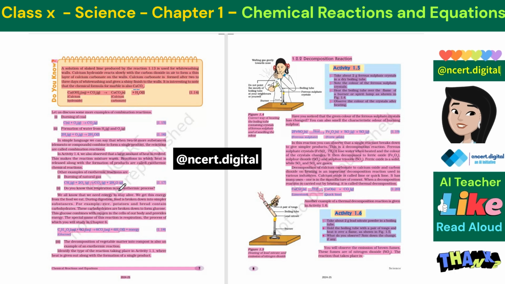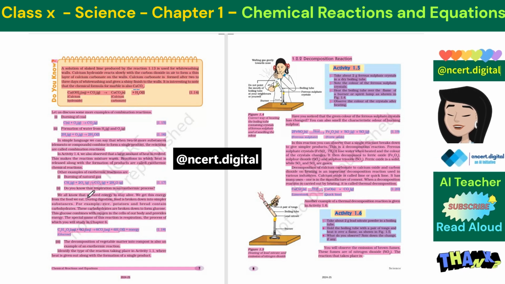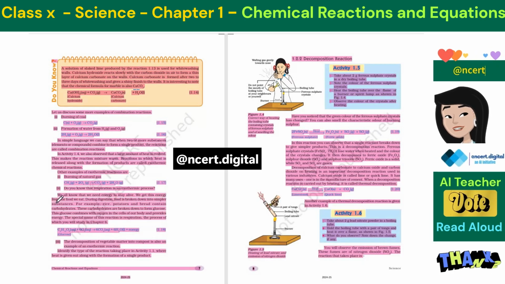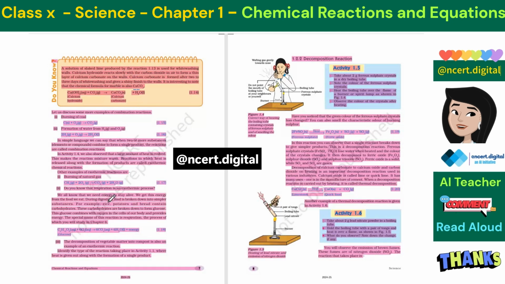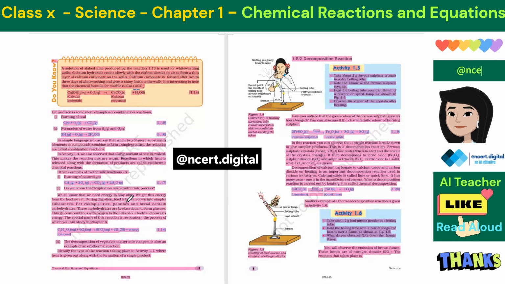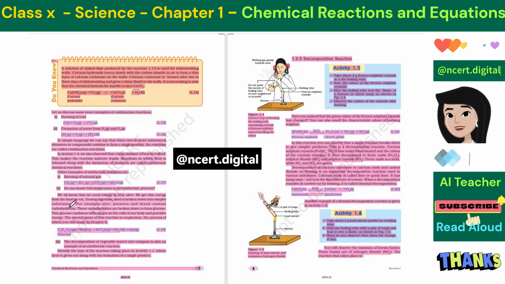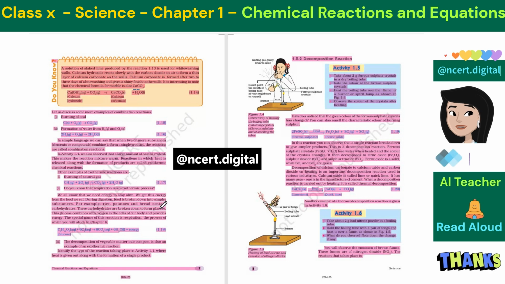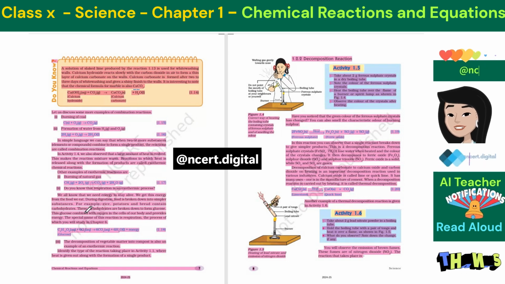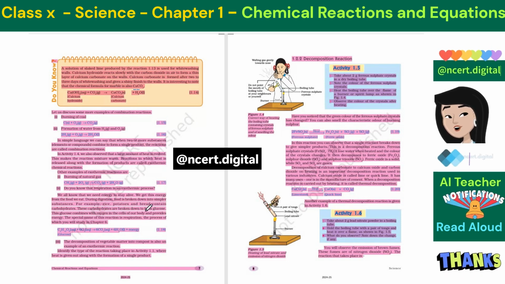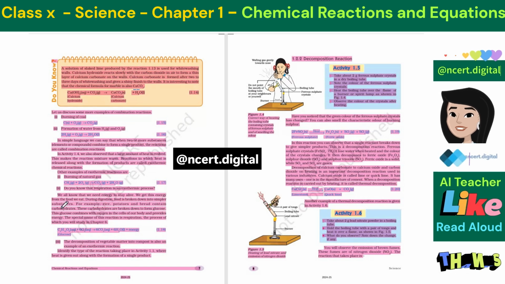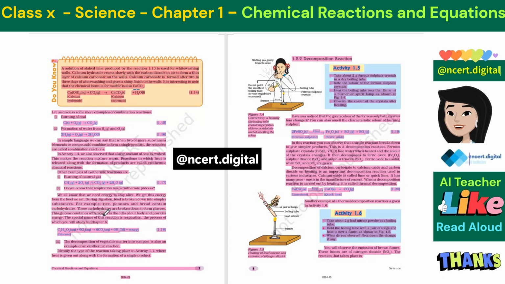2. Do you know that respiration is an exothermic process? We all know that we need energy to stay alive. We get this energy from the food we eat. During digestion, food is broken down into simpler substances. For example, rice, potatoes, and bread contain carbohydrates. These carbohydrates are broken down to form glucose.